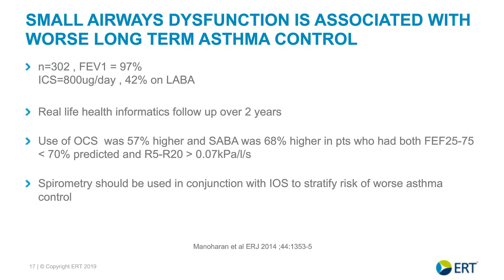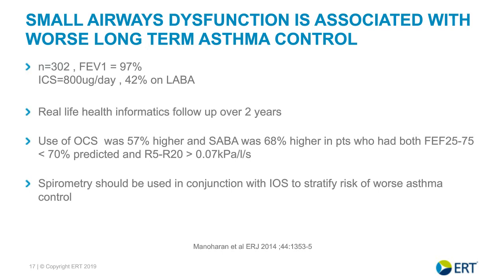So the conclusion of that study was quite clearly that we should really be using spirometry in conjunction with oscillometry to correctly and accurately stratify the risk of impaired asthma control, and that's exactly what I do in my own clinic for every patient that walks through the door.